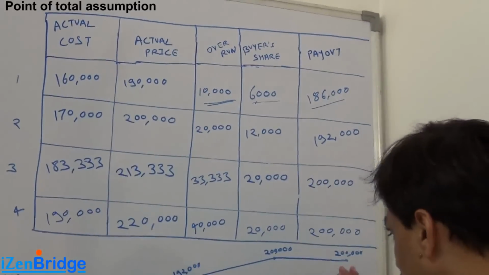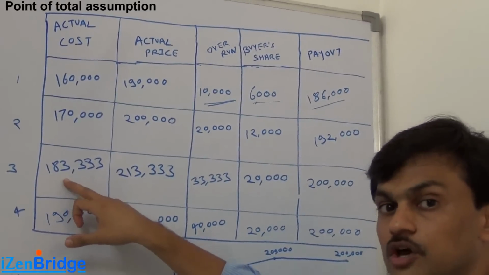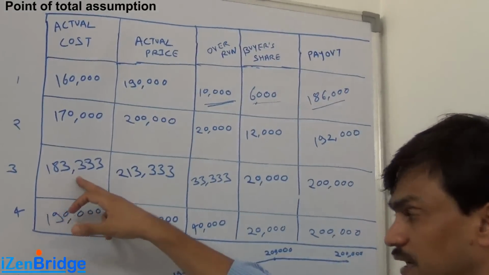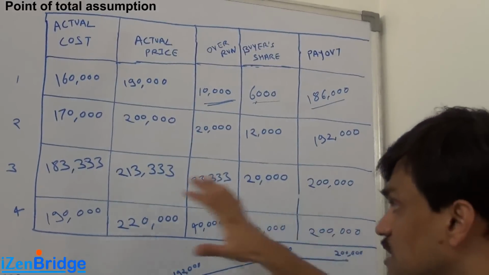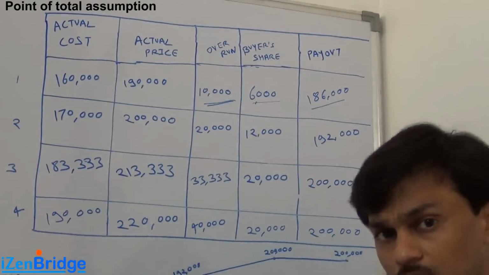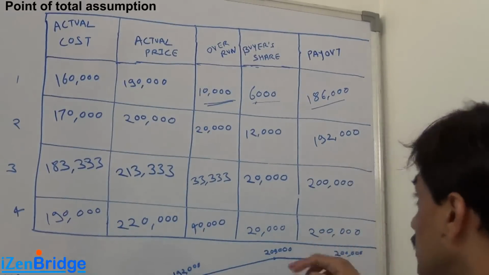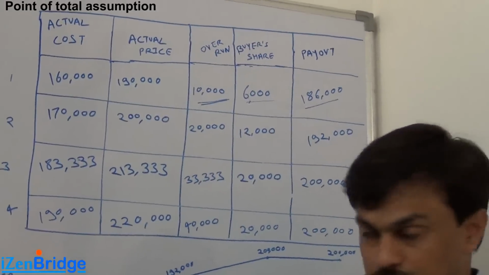If you look at it in a graphical format, it does not mean that if you are reaching the point of total assumption, your profit is becoming zero. Still, you are only spending 183,333, but you are still getting 200,000. You are still making nearly 16,700 profit. If you breach even the ceiling price in your expenses, then you start making losses.